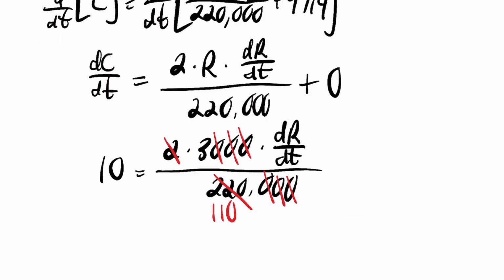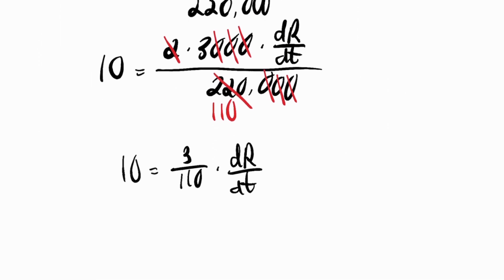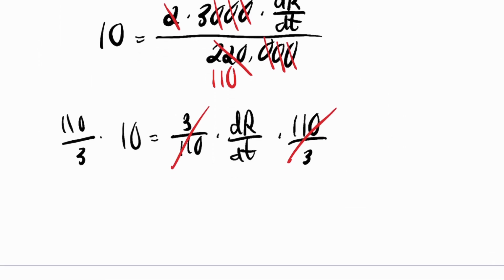So now I have 10 equals 3 over 110 times dr/dt. Then I can multiply both sides by 110 over 3, which would have the effect of canceling this fraction with this fraction. So this is going to be 1100 over 3 equals dr/dt. Okay. So there's my result.